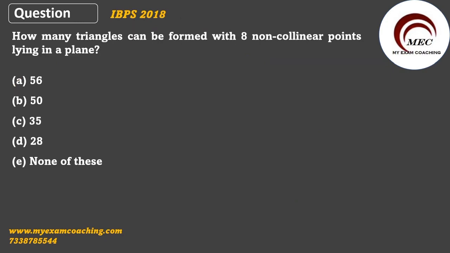How many triangles can be formed with 8 non-collinear points lying in a plane? Now we have in a plane there are 8 non-collinear points. Total how many points? 8 points.